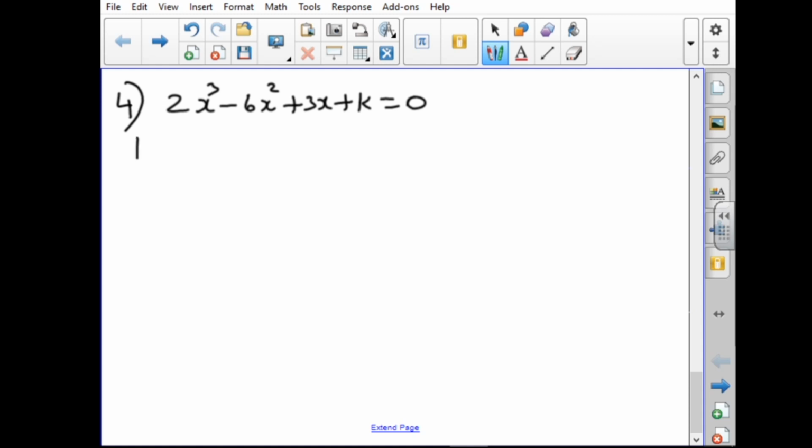So here, what is a? A is equal to 2, b is equal to minus 6, c is equal to 3 and d is equal to k.